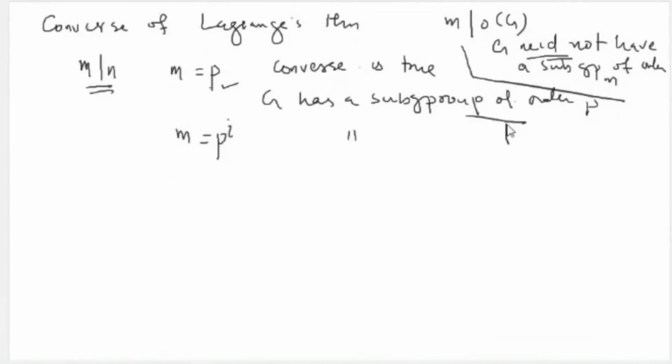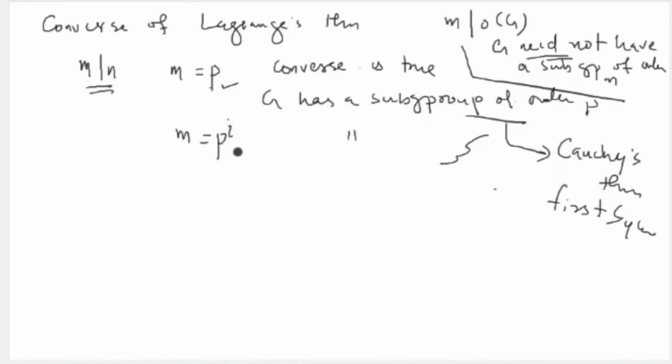This result is called Cauchy's theorem, and this is also a part of the first Sylow theorem. These two are parts of the first Sylow theorem. There are 3 Sylow theorems in general. And one more fact: every group of order p raised to i minus 1 is a normal subgroup of a group of order p raised to i. That is a part of the first Sylow theorem. Okay, we are not going to that side.